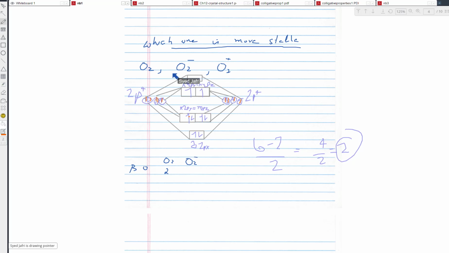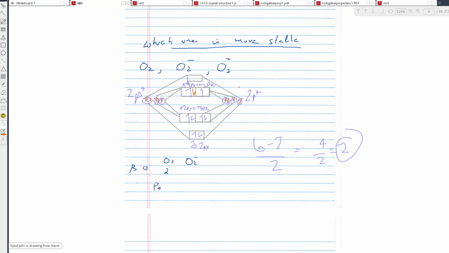Don't erase it, just put the extra electron where it will go. It'd go right here. Is it paramagnetic? O2 was paramagnetic, we already checked that one. This one would still be paramagnetic, because we still have one unpaired electron.